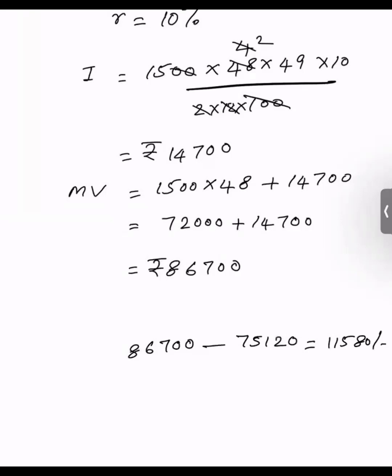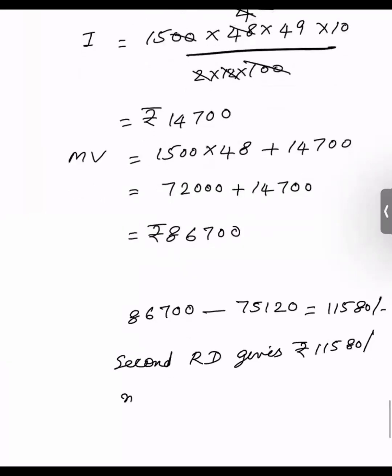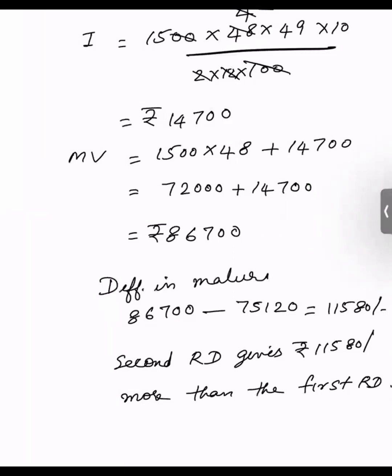So you can write second RD gives rupees 11,580 more than the first RD. Maybe here you can write difference in maturity values equal to this. Okay, so that's it. So we are done with this chapter.